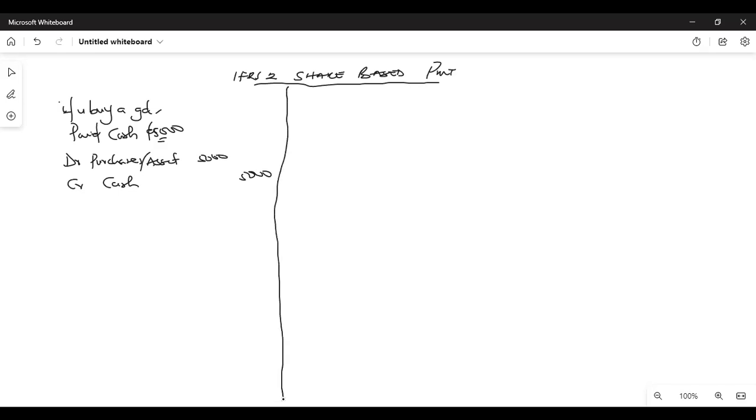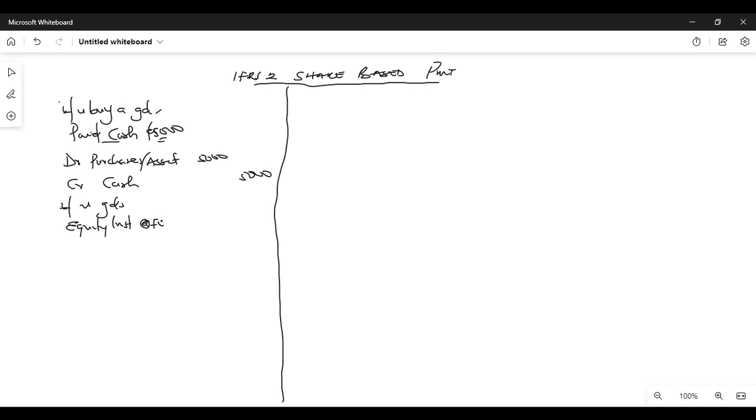Now, I buy these same goods, but I'm not paying cash. I'm giving an equity instrument, like my share. Shares are priced at fair value.